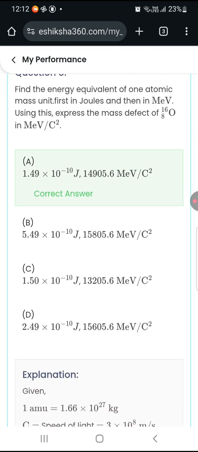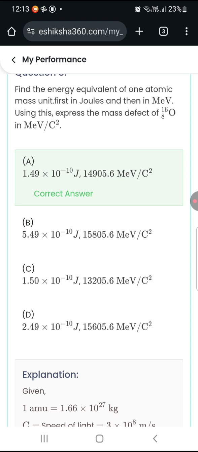Find the energy equivalent of one atomic mass unit, first in joules and then in MeV. Using this, express the mass defect in MeV by c square.